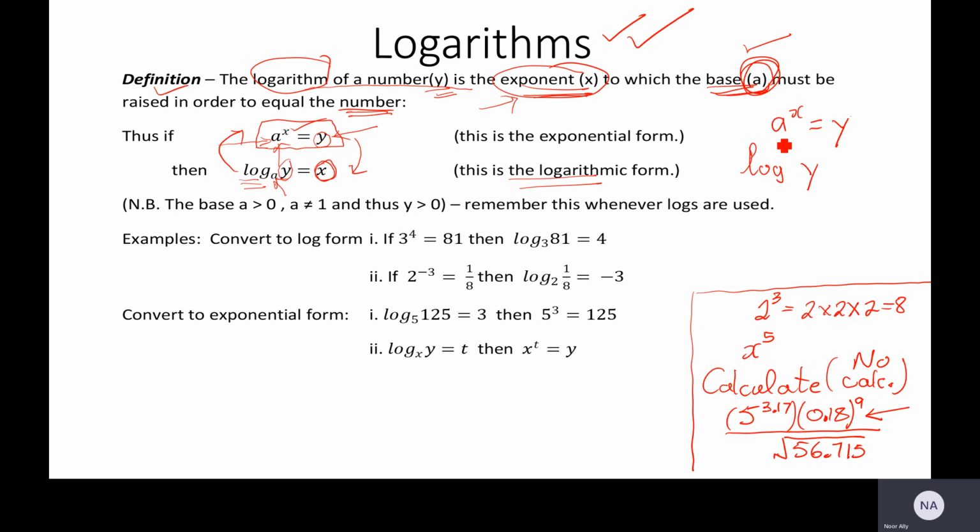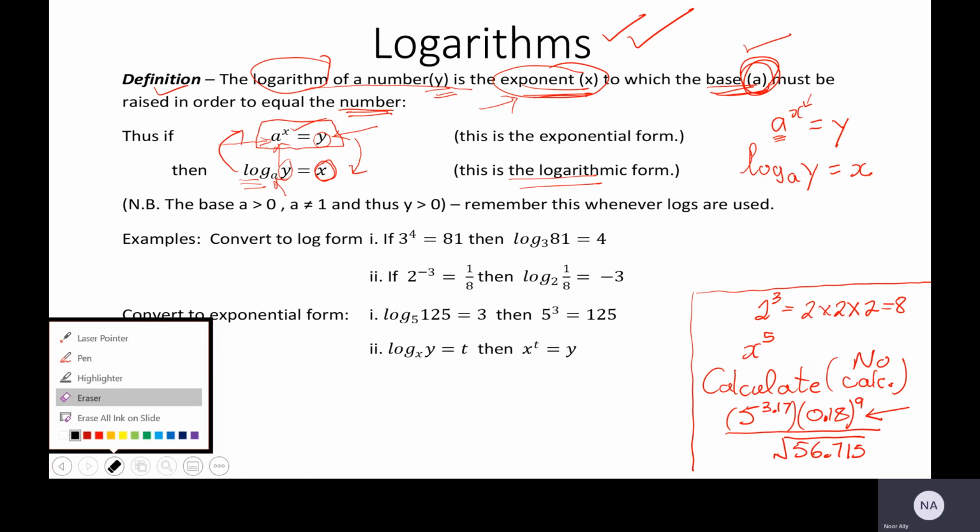We put the base, whatever that base is there, to the base a is equal to that index, whatever that index there is, x. So you convert from exponential to log and vice versa. You must be able to do it in both ways, from log to exponential, from exponential to log. That is the first thing that you have to do, conversion.